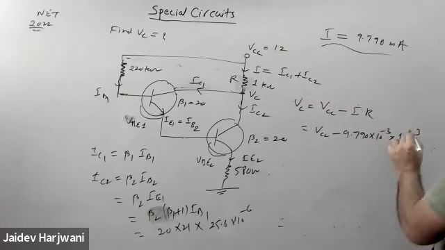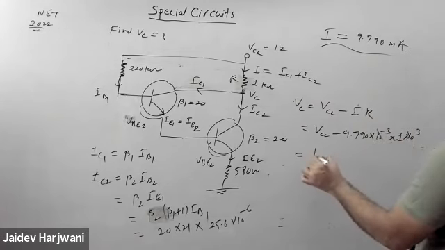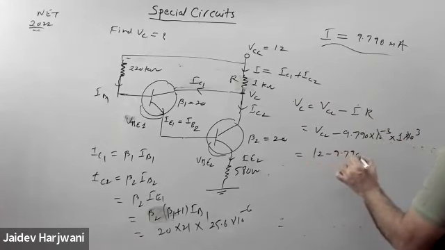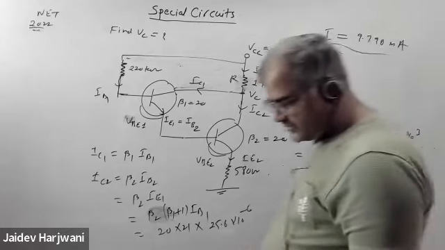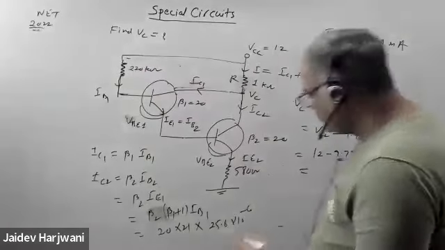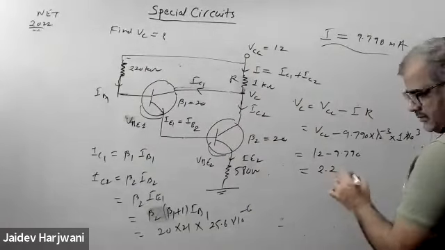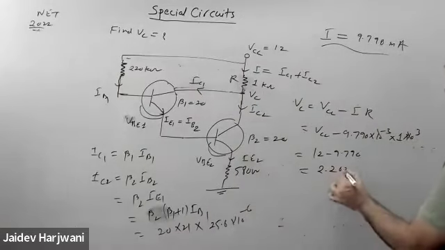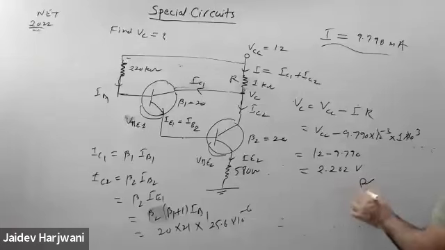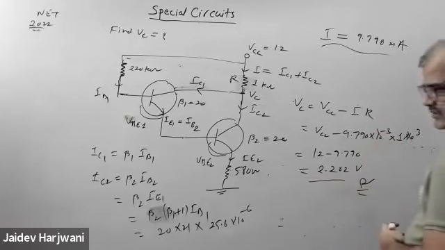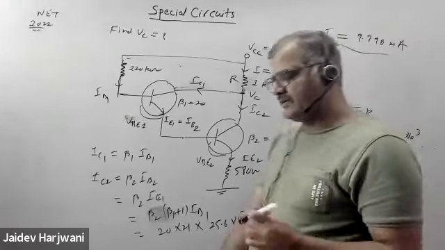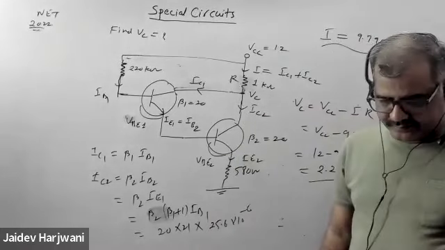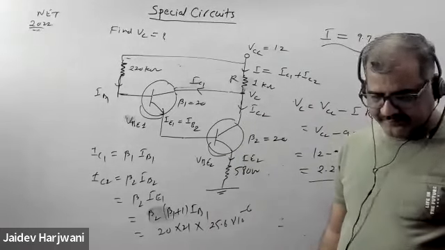Okay. So this cancels. This comes 12 minus 9.790, and if you subtract this one, this will come 2.20 volts. Okay, this is the answer for this problem.